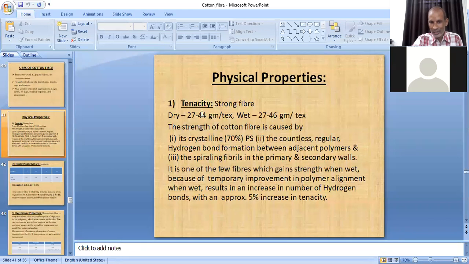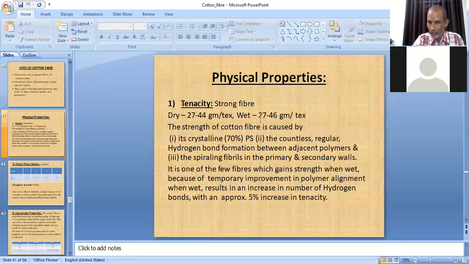So here you can observe the difference. Dry means when the cotton fiber is in dry state, oven dry. At that time, the tenacity is 27 to 44. A little bit of variation in the wet state, when the cotton material is wet, the tenacity varies between 27 to 46.